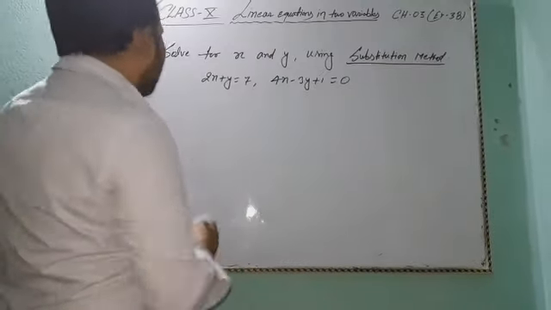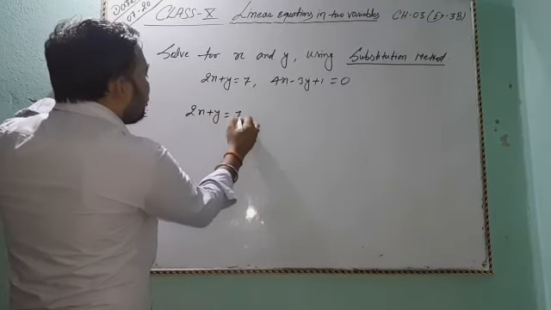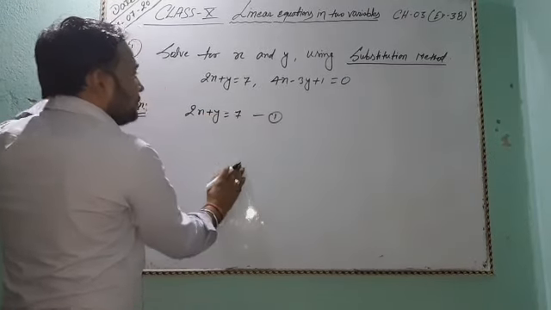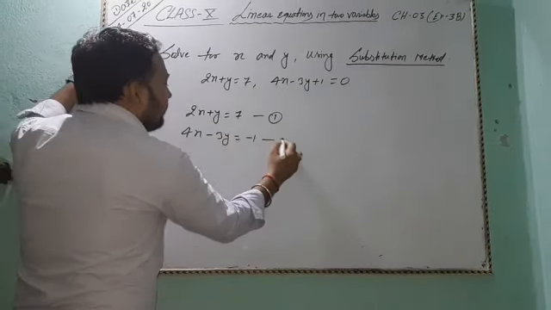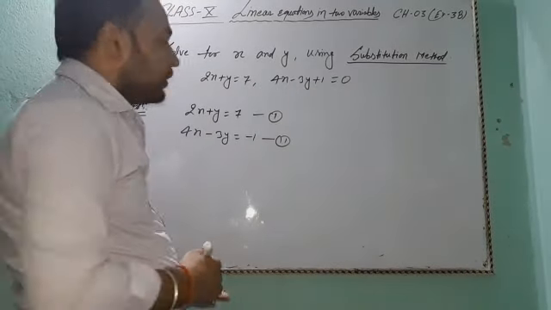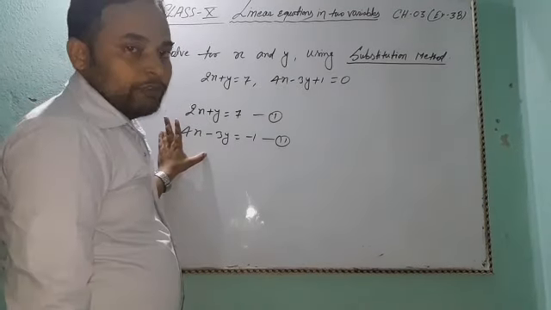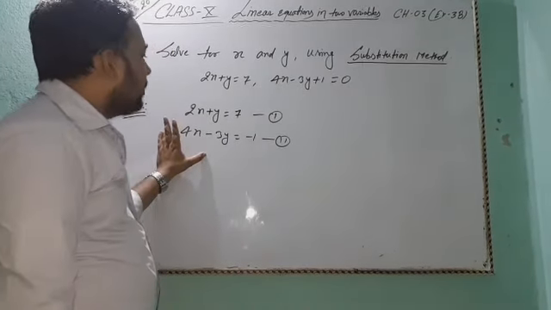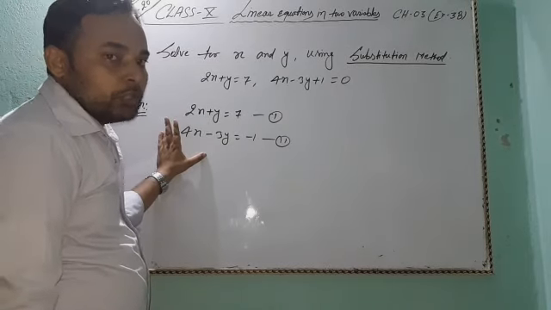Students, the given system of linear equations is 2x plus y equal to 7, this is equation first, and 4x minus 3y equal to minus 1, equation second. Okay, this is the given system of linear equations.